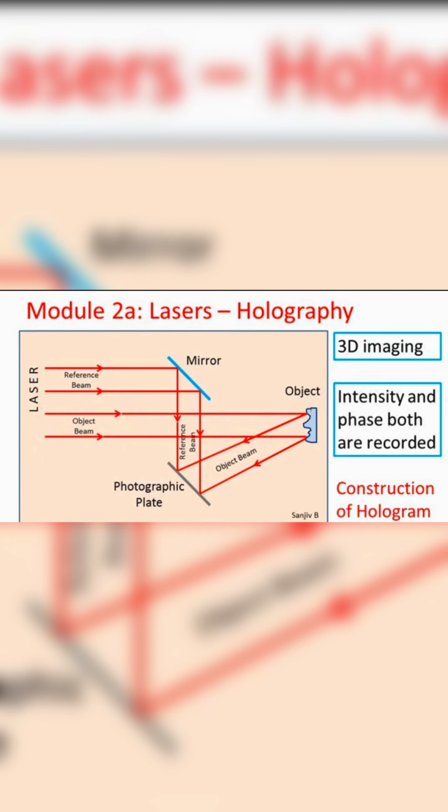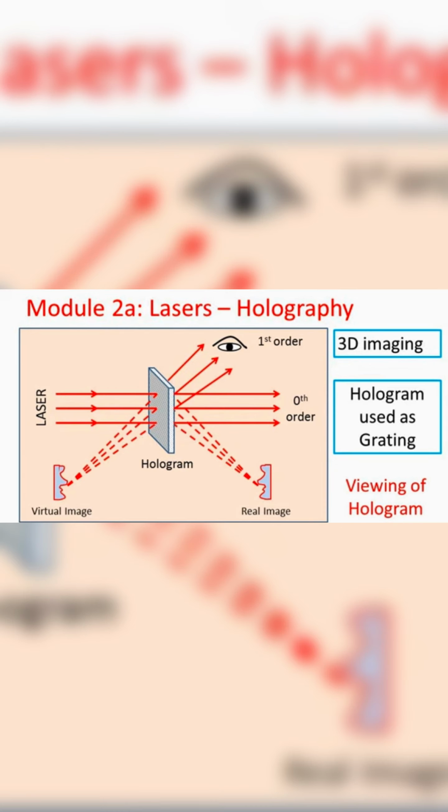So we can say the reference beam reaches the photographic plate directly after reflection from the mirror. The other part is called the object beam. This object beam is allowed to fall on the object whose image is to be recorded.